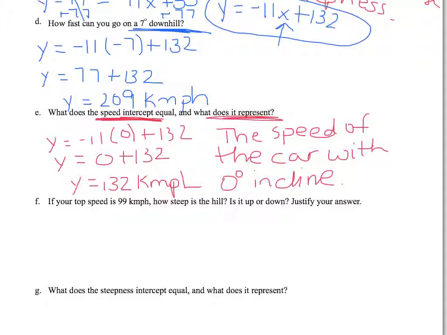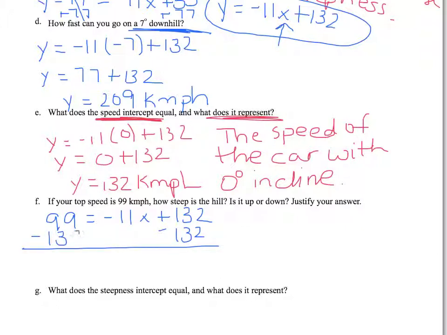If your top speed is 99 kilometers per hour, how steep is the hill? Is it up or down? And justify your answer. So 99 equals negative 11x plus 132. Notice I put 99 in for y, because y is our variable that represents speed.